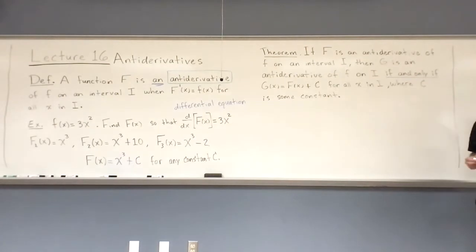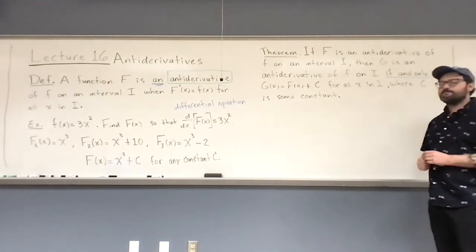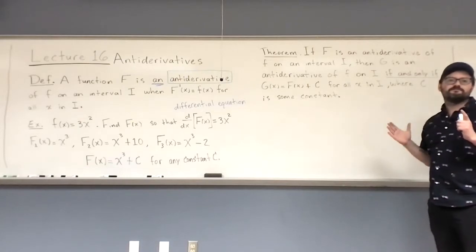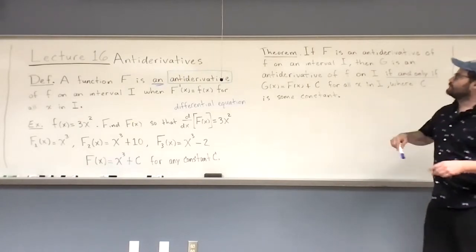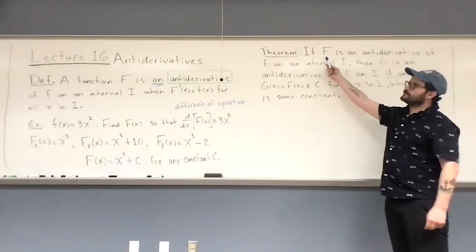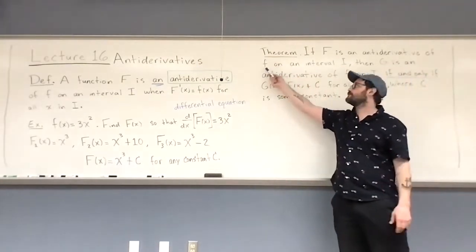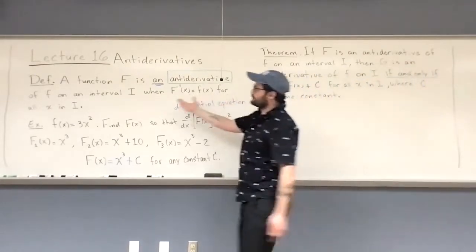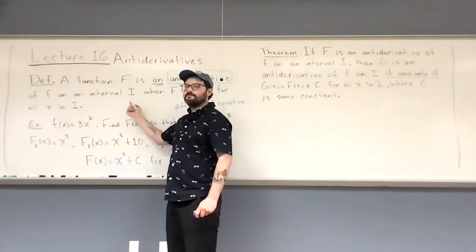Sorry, I'm confused on the I section. The capital I is just an interval. We're saying that capital F is one antiderivative of little f for all x on I, because the definition is in terms of intervals.